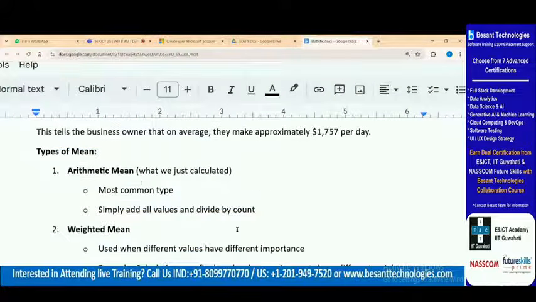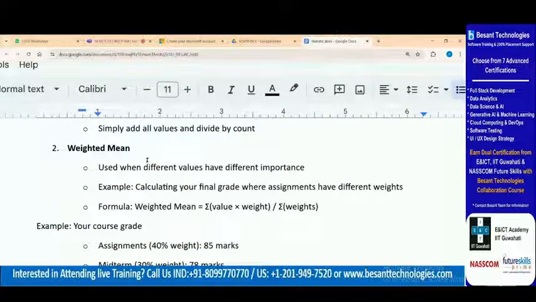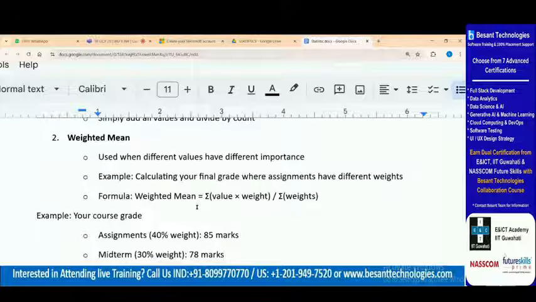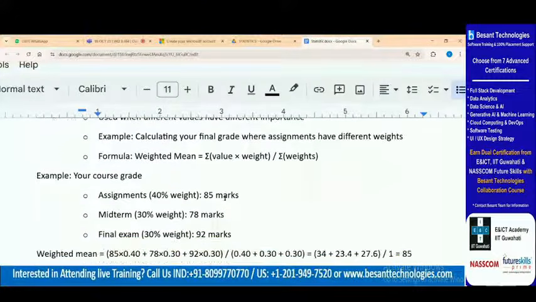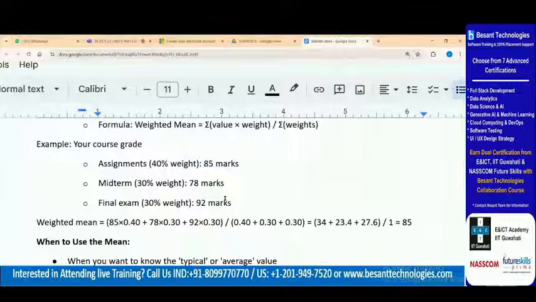That is the common type we will be using. Another type is the weighted mean. Weighted mean is where values have different importance. For example, consider I'm going to give a grade for your course. Any doubts?